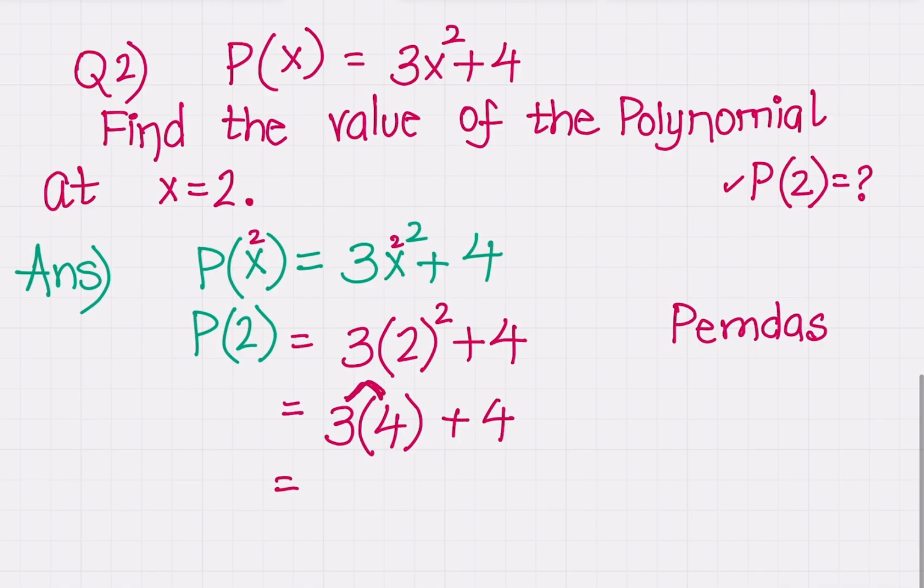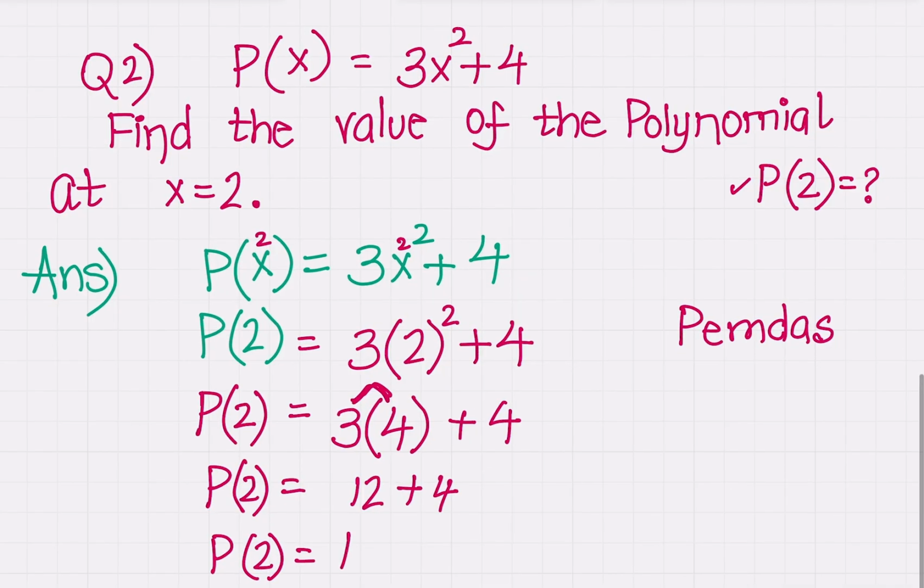So we will now multiply. This is going to be 12 plus 4. Hence, my answer for P of 2, the polynomial with value 2 for x, is 12 plus 4, which is 16. And that's my final answer.